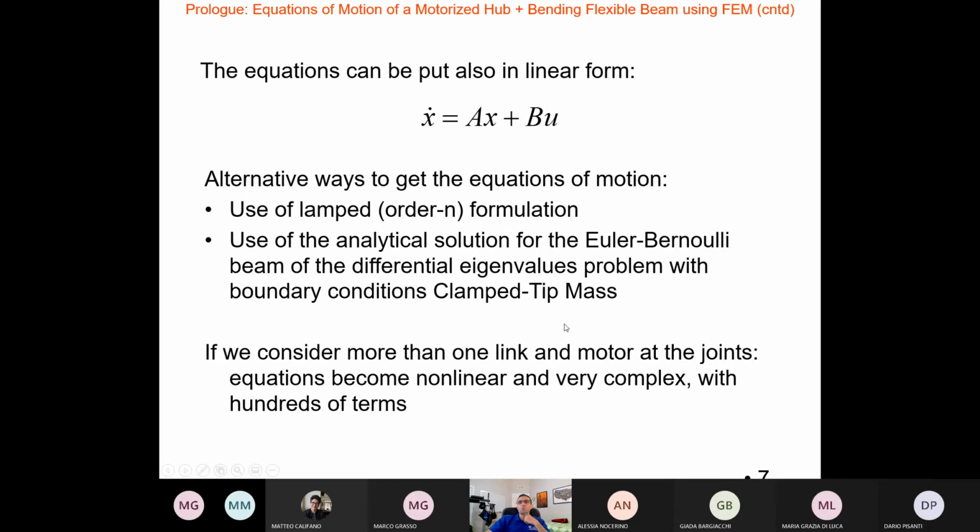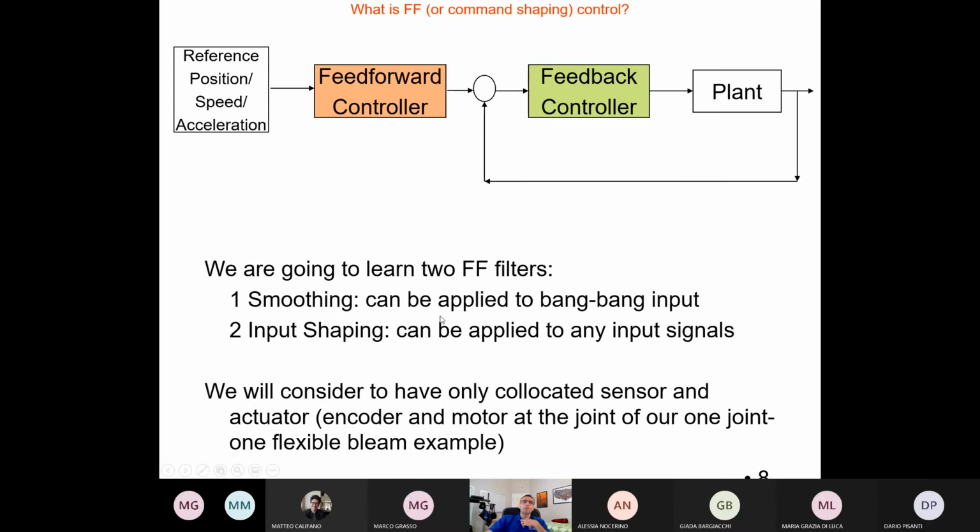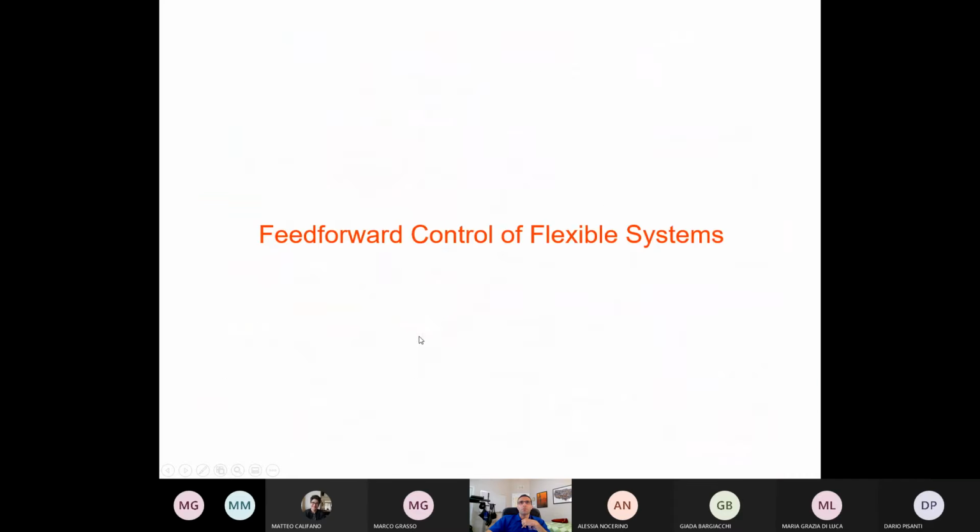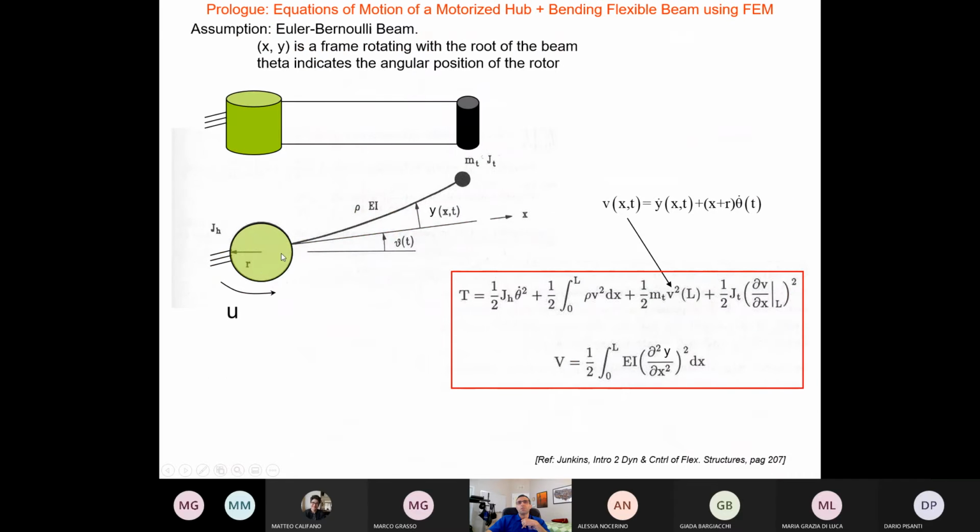And so, bottom line is that if we consider one motor, one link, the goal would be to control the orientation of the hub, but at the same time, what the tip mass is doing. If I go back to the example itself, you can interpret this as a spacecraft that is trying to reorient an end effector. Maybe there is something here that needs to grab another spacecraft.